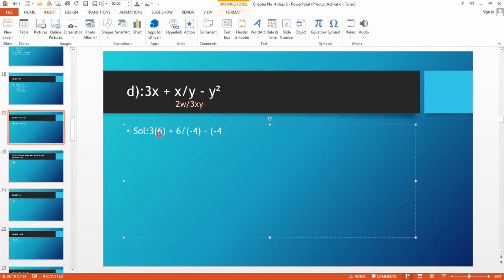Square means we have to multiply this minus 4 two times. So simply we have to multiply it 2 times. Okay. Now we move towards the next step. So we have to multiply 3 sixes are 18. So plus into, first we have to divide 6 by 4. It becomes 3 over 2, and plus into minus is equal to minus. So 3 divided by 2, and next we have minus into minus plus, and plus into minus minus.